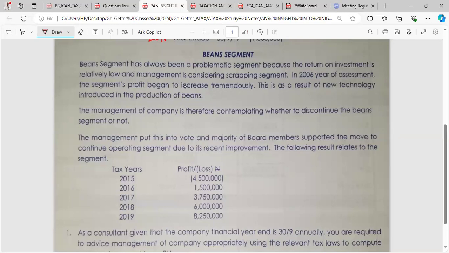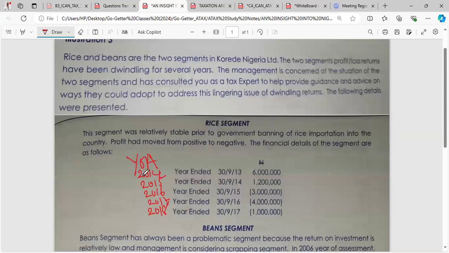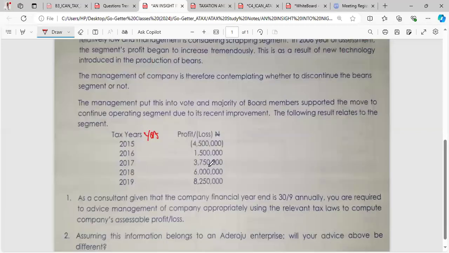The following result relates to the segment. So this is tax year. It is also called the year of assessment. So this one is from 2014 to 2018 year of assessment, while this is from 2015 to 2019 year of assessment. There's no balance here.